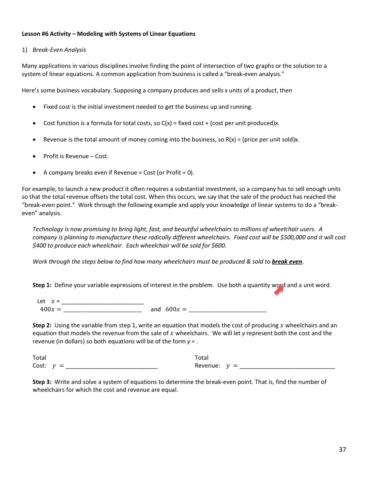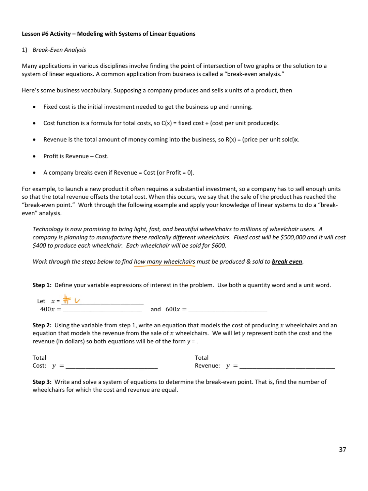So we define our variable expressions. X is going to be the number of wheelchairs produced and sold, the answer to the question, right? Typically, when the question is how many wheelchairs, we define a variable that is the answer to the question.